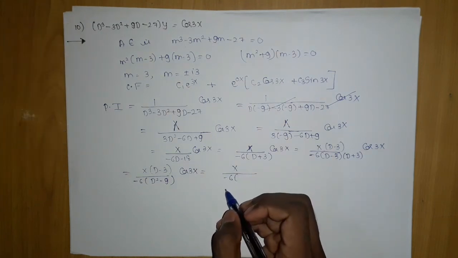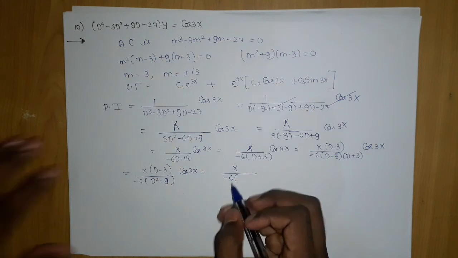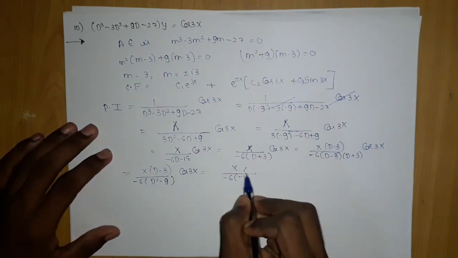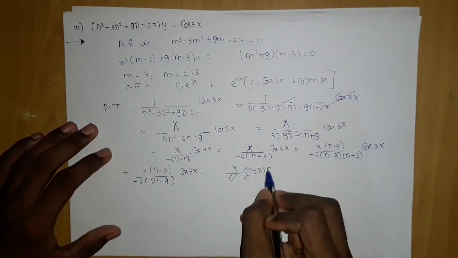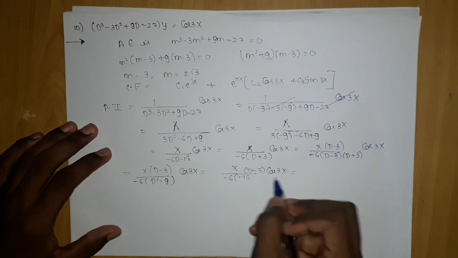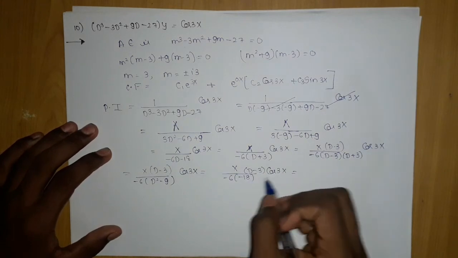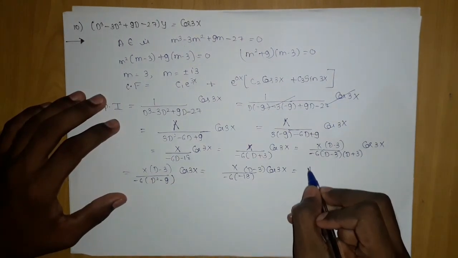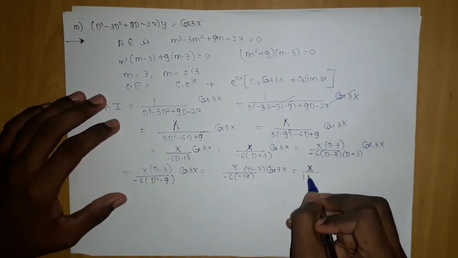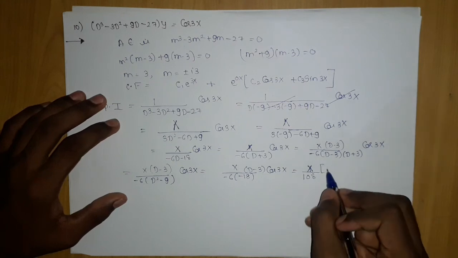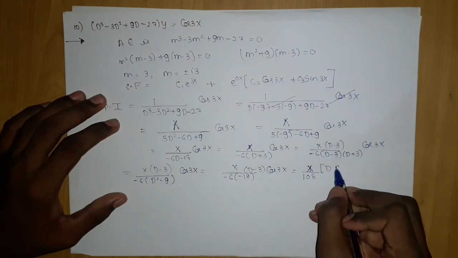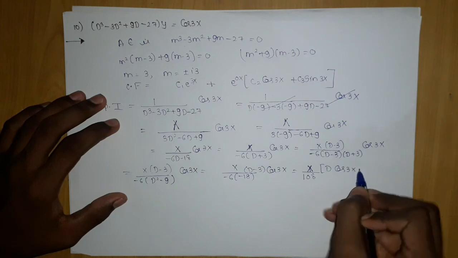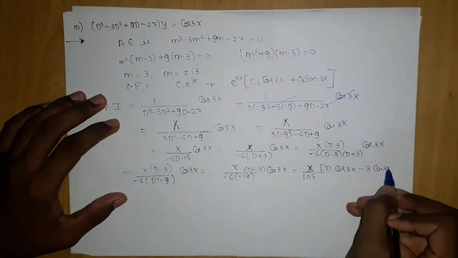So the final answer is x into minus 18 in the denominator, D minus 3 into cos 3x. Now you can multiply 18 with minus 6 and you will get x by 108 as your answer, and finally multiply cos 3x inside, so D cos 3x minus 3 cos 3x.